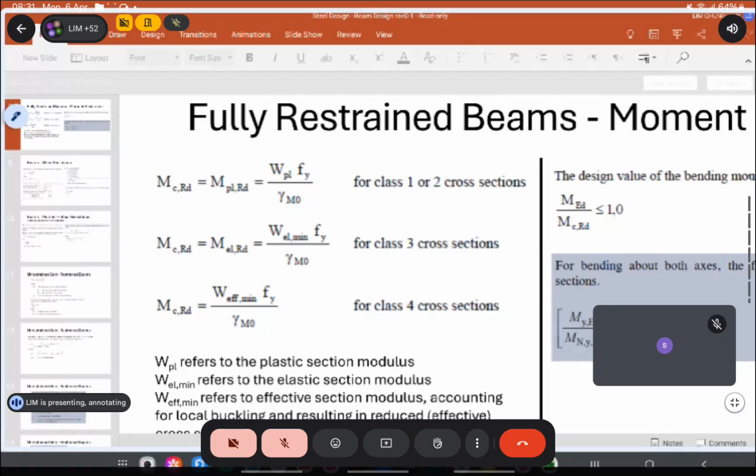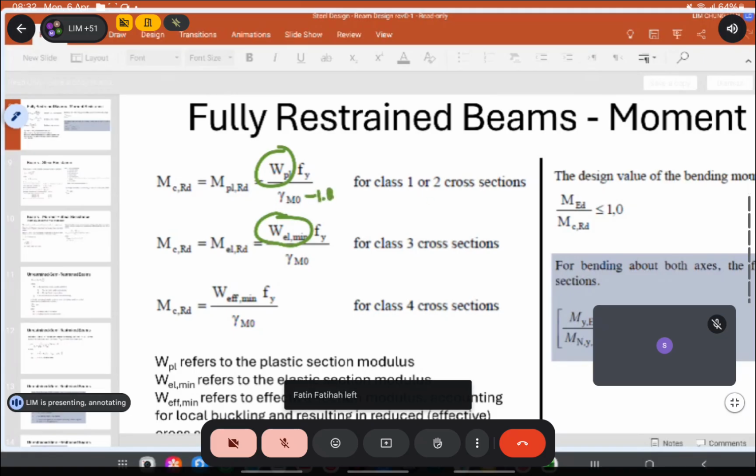If it's class 1, class 2, you use WPL. If it's class 3, you use the WEL. It says WEL mean. Just ignore the mean lah. It's not important. Okay, you just use WEL. So class 1, class 2, it's WPL times the steel yield strength Fy divided by gamma m naught, which is 1.